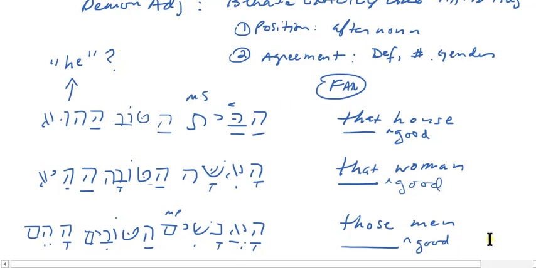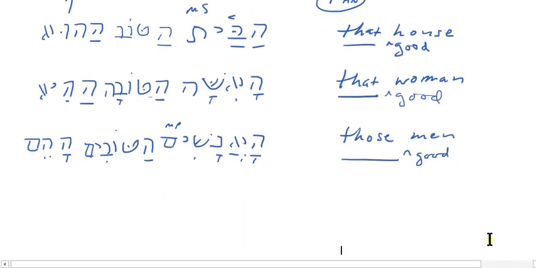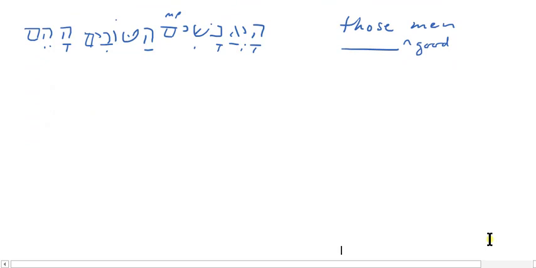If, on the other hand, let me just give you one example here, and we'll be done with it. If I had something like hu ha'ish, and I've got hu with no article on it, there's actually two possibilities here. How could I understand it?